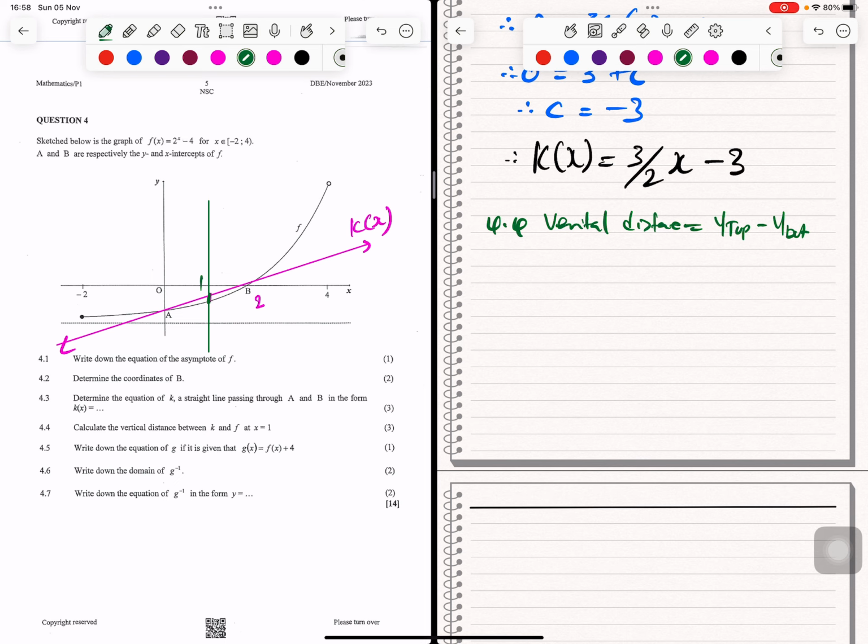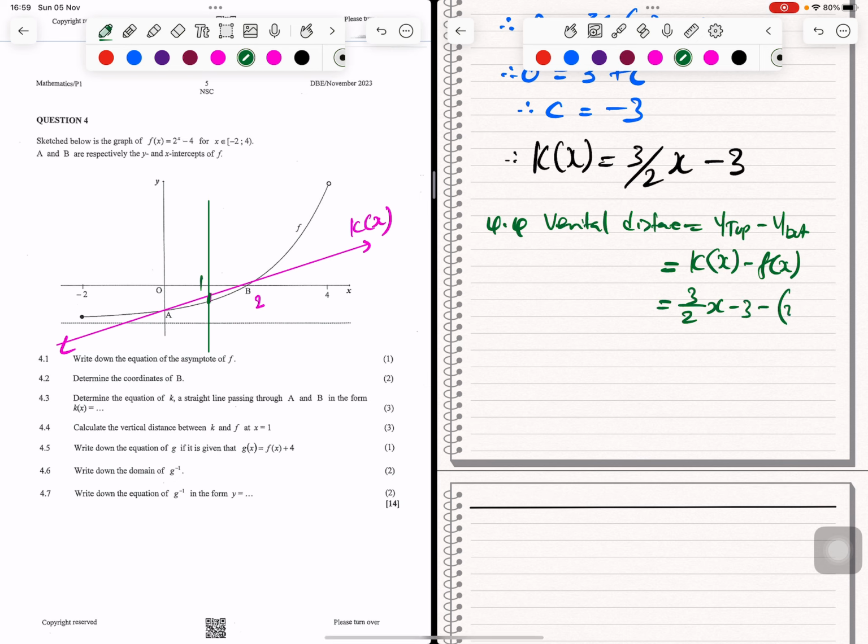So now this is going to be equals to, what is the y at the top? It is the straight line, which is k of x. So this is k of x minus the y at the bottom, and that is the straight line, which is f of x. Now you substitute these graphs, which is 3 over 2x minus 3, take away f itself.